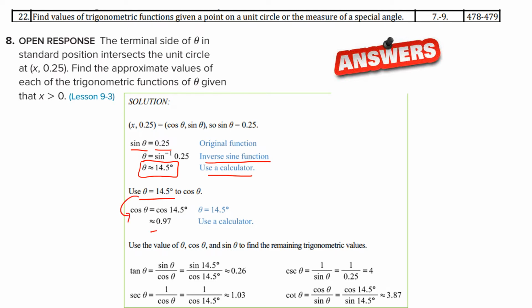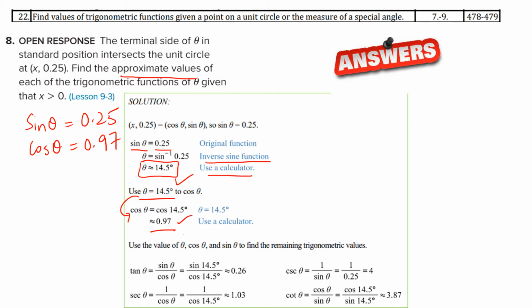So your sin theta and cos theta, two trigonometric ratios, are done. Sin theta was 0.25 given to you, cos theta came out to be 0.97. Now these are all approximate values because our angle was an approximation. In the question also it is clearly mentioned you need approximate, not exact values. So this is quite a good estimate.